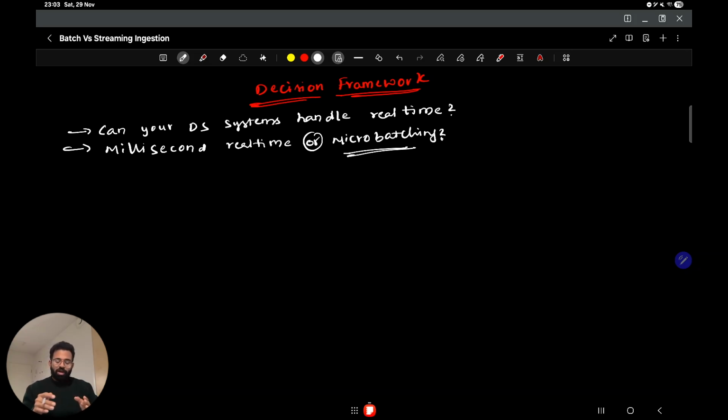Updating it every half a second can be super overkill and super costly. Updating it every 15-30 seconds or every 1 minute can also feel real time, and can be much cheaper as well. So you need to consider whether you need millisecond real time, or micro batching would just do the work for you.